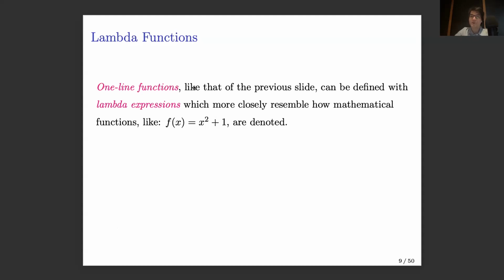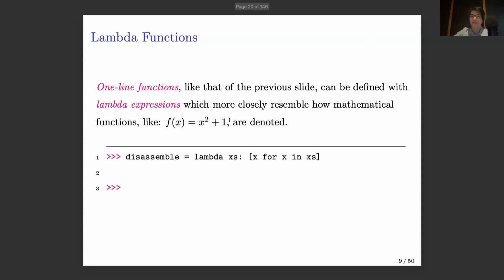So in math, we would typically write a function like this. If we want something more complicated, we have to use case statements, but I'm sure all of you have seen something like this, like a parabola. We can define something very similar using a lambda function like this. I can say disassemble is equal to a lambda function, which is a mapping that takes xs to x for x in xs.